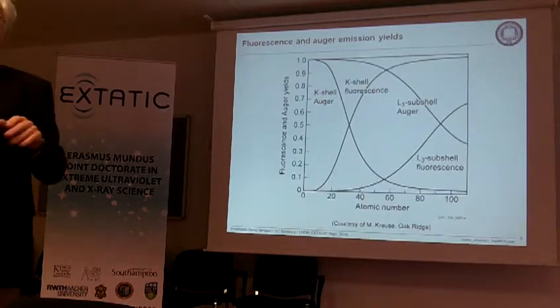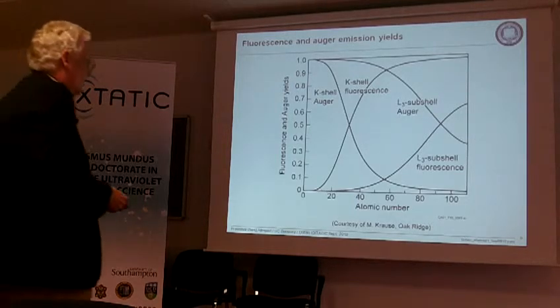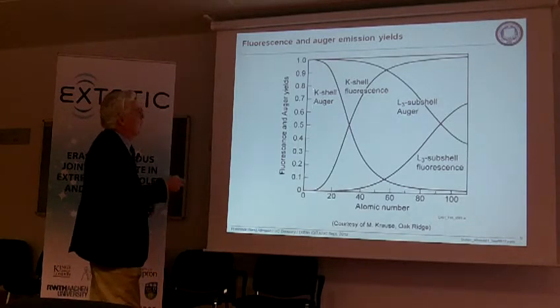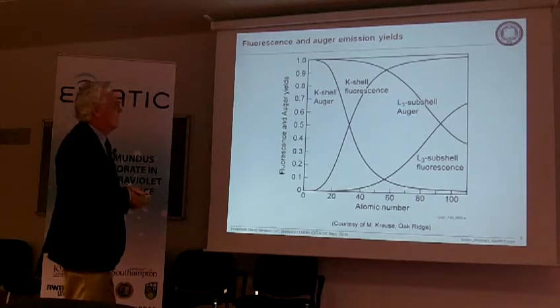This is about when the atom readjusts, does it throw out a photon or an electron, the Auger process? This is showing, as a function of Z, what's more likely to happen. Is it going to be a fluorescent emission?